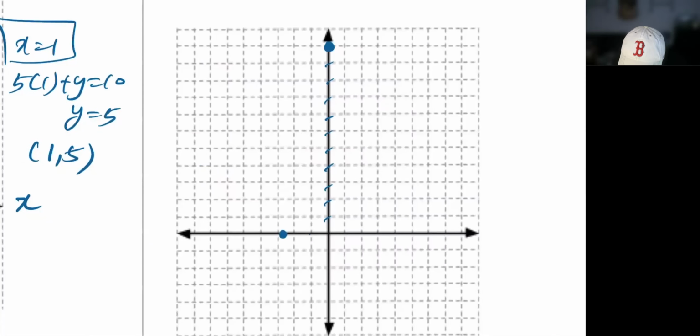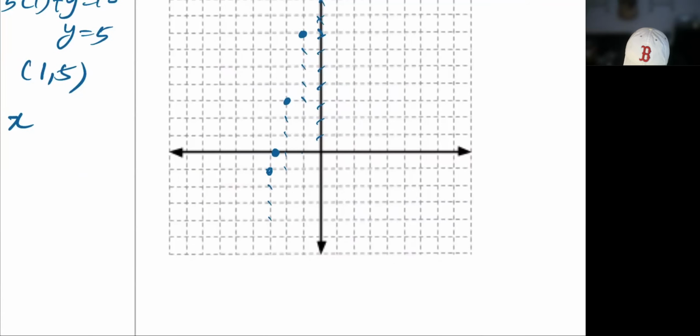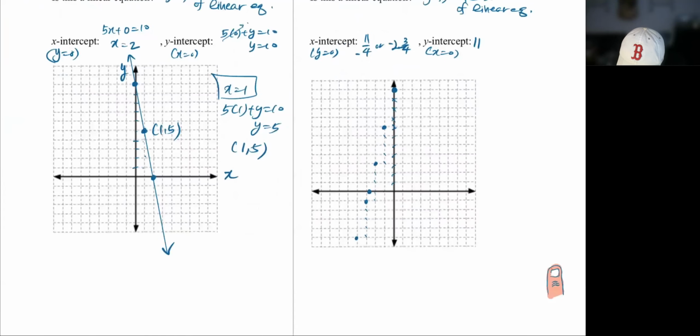To find the points, what do we do? We go down 4, over 1, down 4, over 1, and again down 4, over 1. Okay? And then you connect the two edge points. That way you get the best line possible.